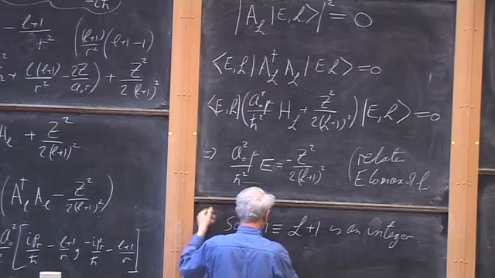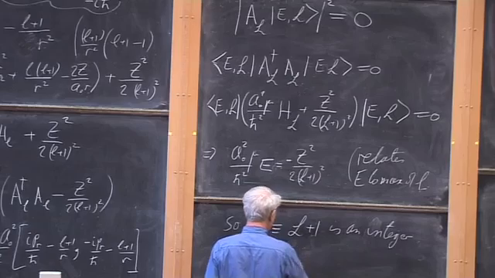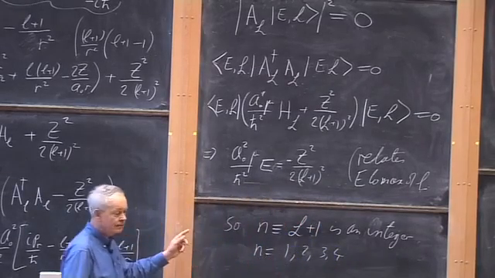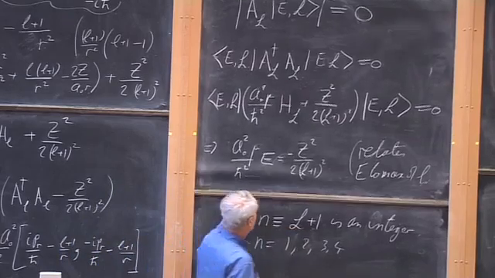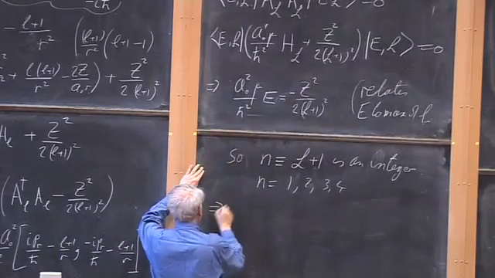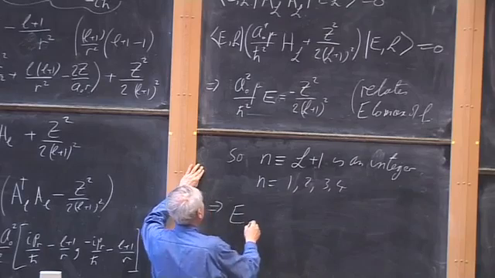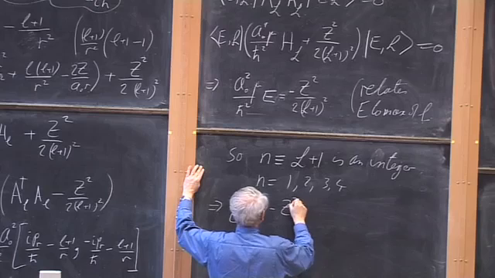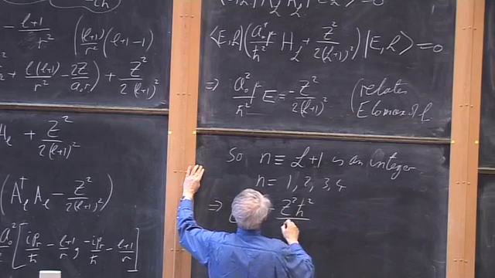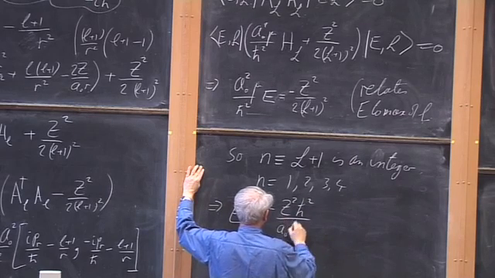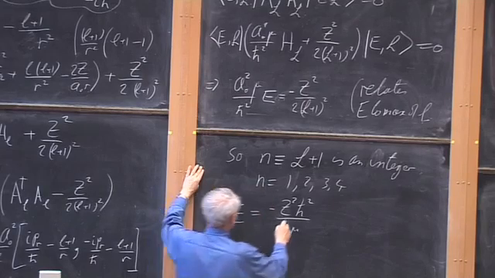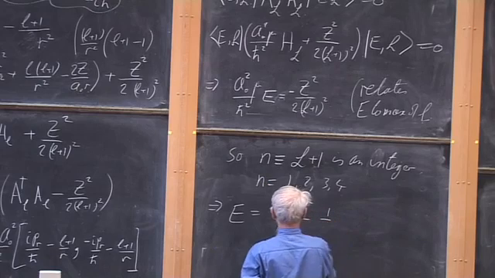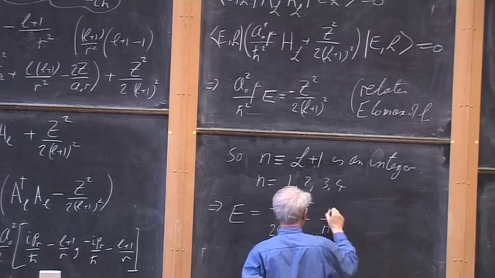So n is equal to, the numbers it's allowed to be is 1, 2, 3, 4, and so on. Nothing is not included in the list because of that plus 1. So we have shown that E, the energy, has to be of the form minus Z squared h bar squared over a naught squared mu. Have I done that right? No, we need a 2 here, 1 over n squared.